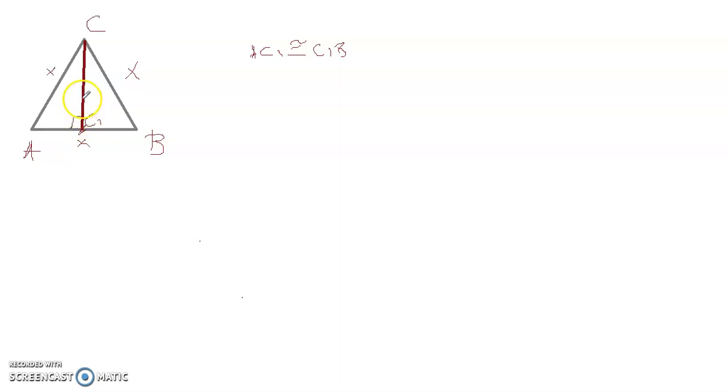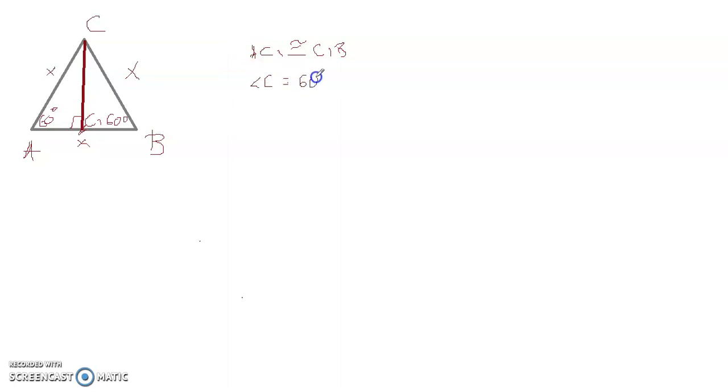Because this triangle is equilateral, all of its interior angles are 60 degrees. This one is also 60 degrees. Angle C, I will write that here, is equal to 60 degrees.